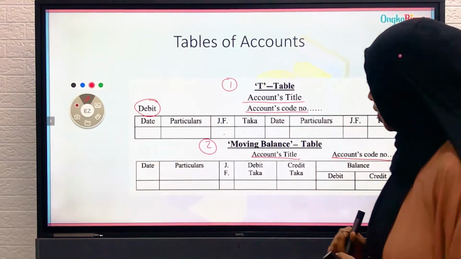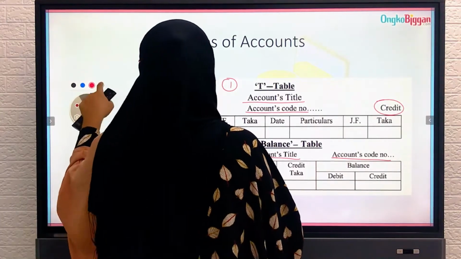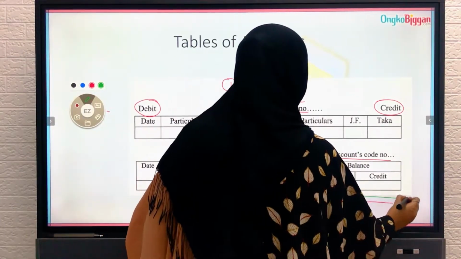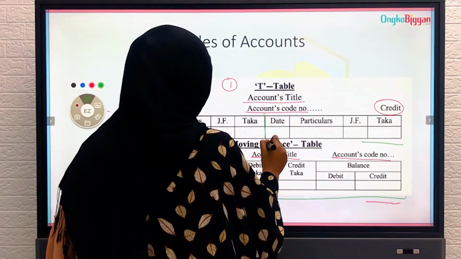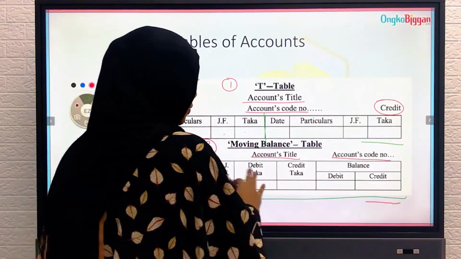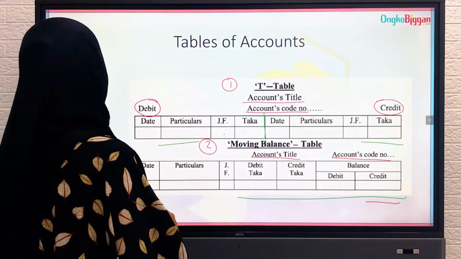So this is basically the difference between the two. Over here there are two parts, up to this there are two parts, but over here there is only one single table.